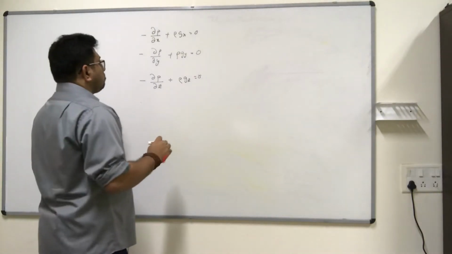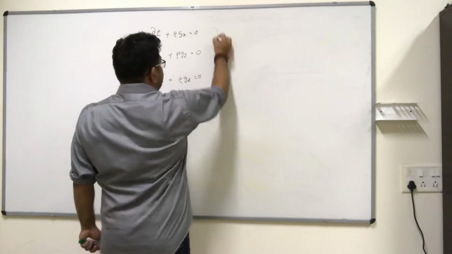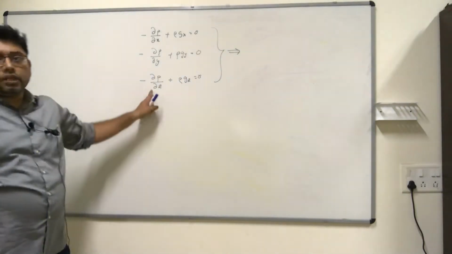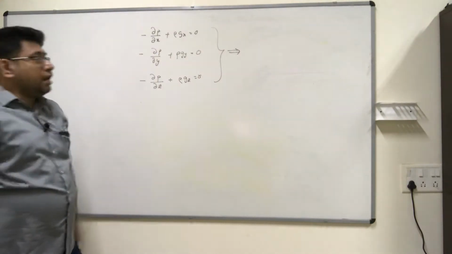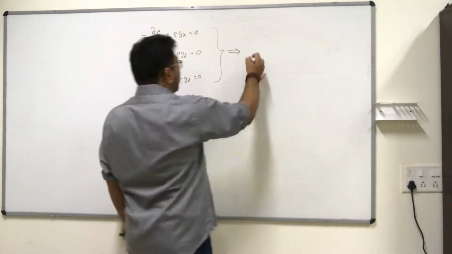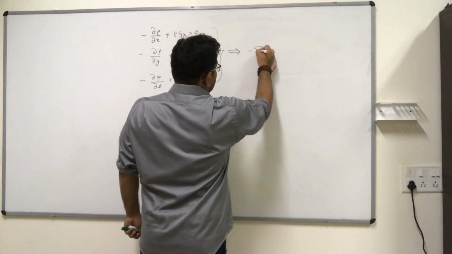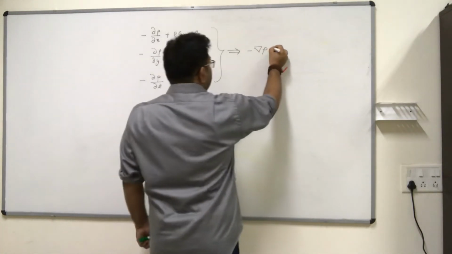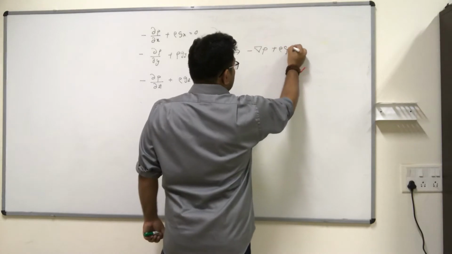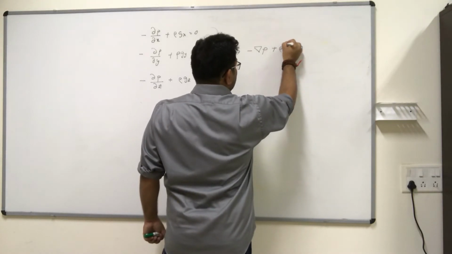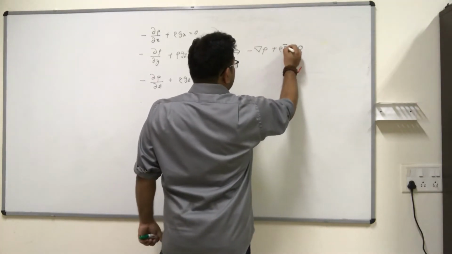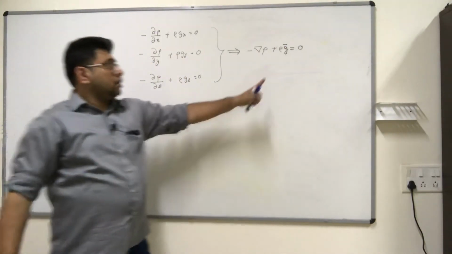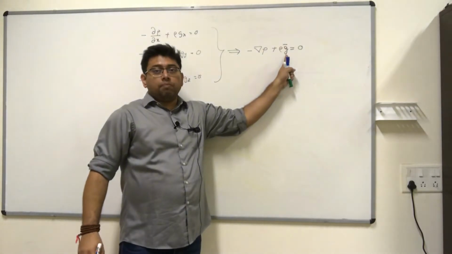Okay. So now this entire set of equations can be summarized. There are 3 different equations that we have. If you want to write it in vector form, you can write it as the negative of grad of p plus rho g equal to 0, where you put a bar over g. So this denotes that this g is in vector form.